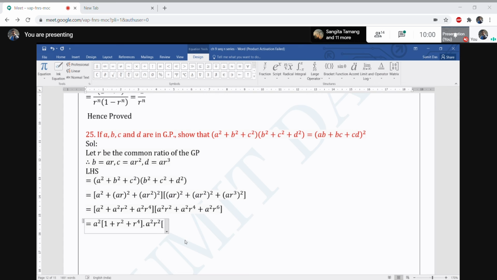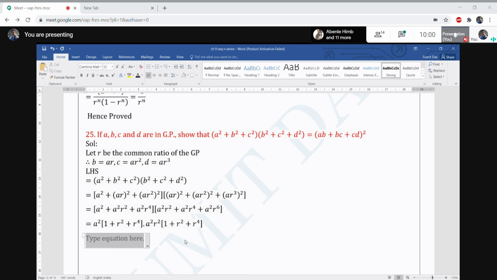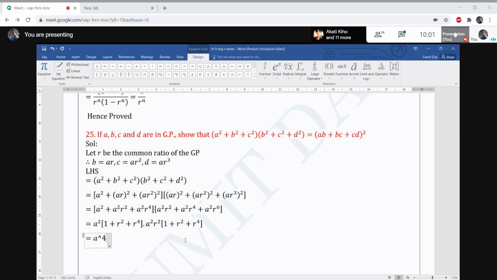What will remain is 1 plus r square plus r to the power 4. So basically we are getting a to the power 4 and r square, and both have 1 plus r square plus r to the power 4, so we can write (1 plus r square plus r to the power 4) whole to the power square, because both are multiplied. That is left hand side.